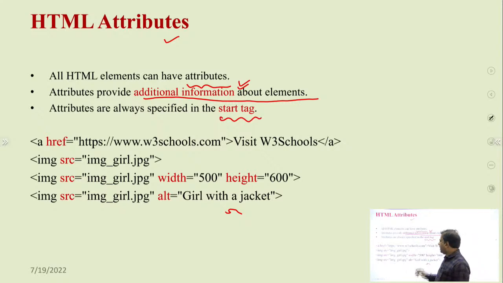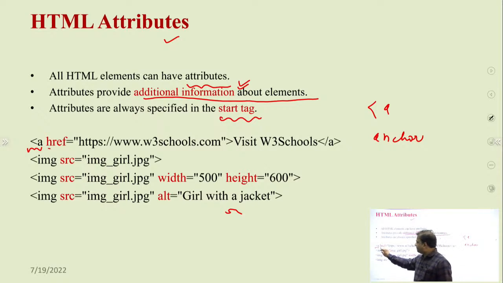For example, I have multiple examples here. This is my tag, the A tag, which we call the anchor. But href, what is this? This is its attribute, right? href stands for hypertext reference.